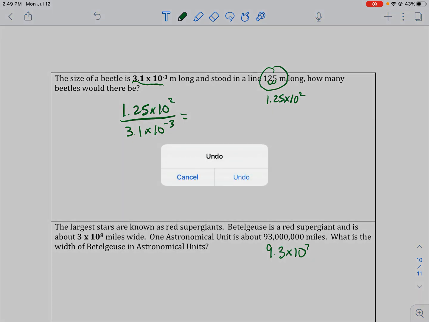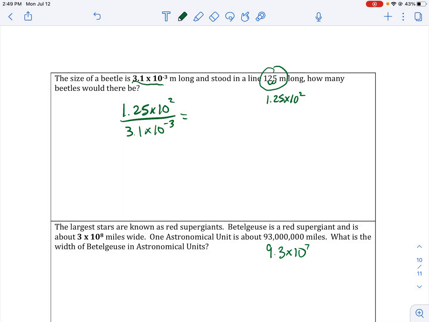So I'm going to take 1.25, divide it by 3.1, and I'm going to get 0.4, I'm going to round there, times 10. Now when I divide like bases, I subtract my exponents. So it'll be 2 minus negative 3. Minus a negative means plus a positive.